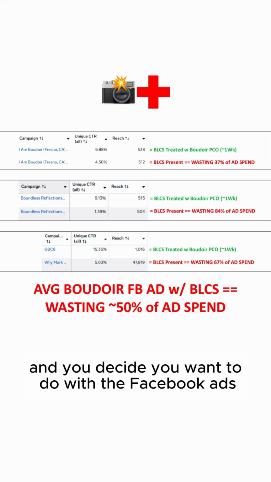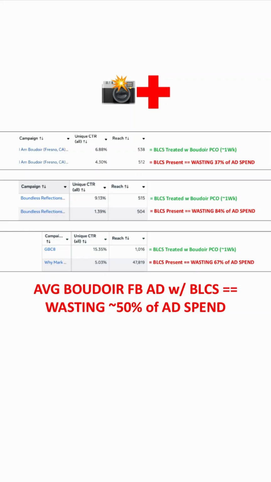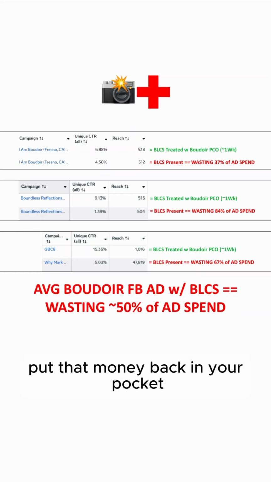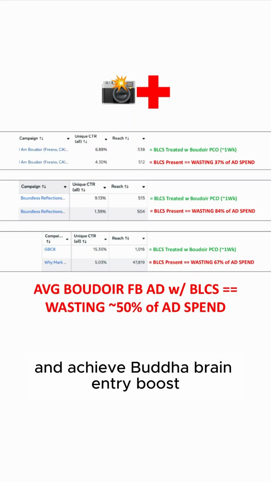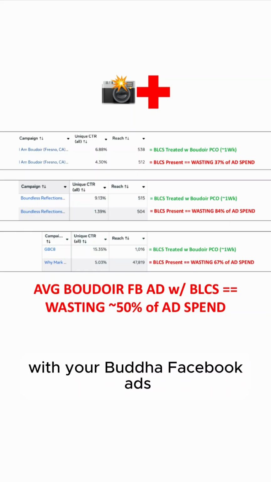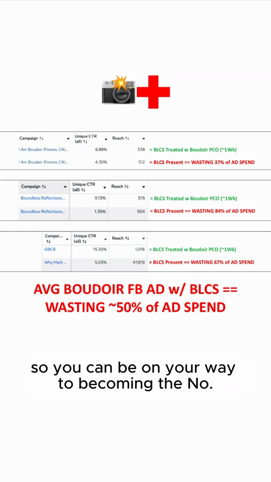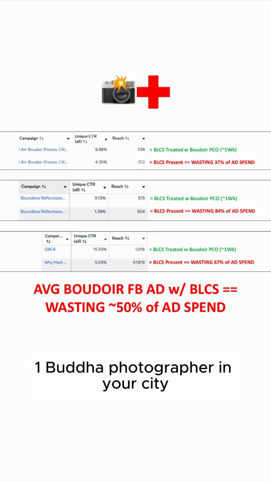You decide you want to do it with Facebook ads. Put that money back in your pocket so you can achieve pre-click alignment, become a dominant boudoir advertiser, and achieve boudoir brain entry boost with your boudoir Facebook ads, so you can be on your way to becoming the #1 boudoir photographer in your city.